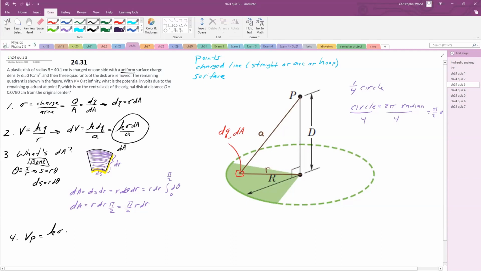K sigma dA. dA is going to equal pi over 2 r dr all over A. And here's what A is. A is, again, Pythagorean theorem. A is going to equal d squared plus little r squared. And I should write, this is differential.